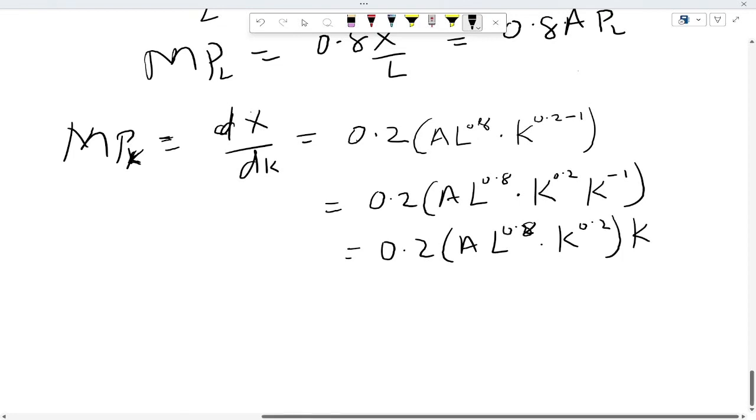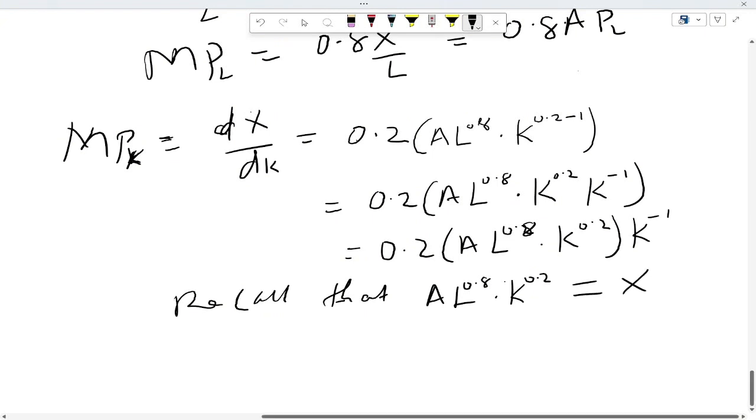You take the K raised to power minus 1 outside. Recall, as usual, that AL raised to power 0.8 multiplied by K raised to power 0.2 is equal to x.